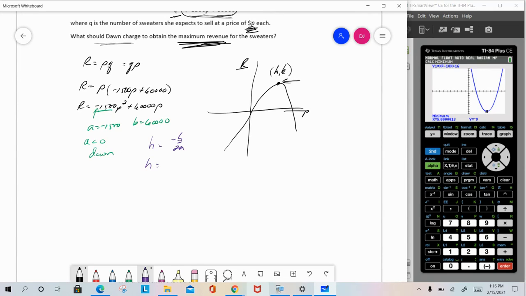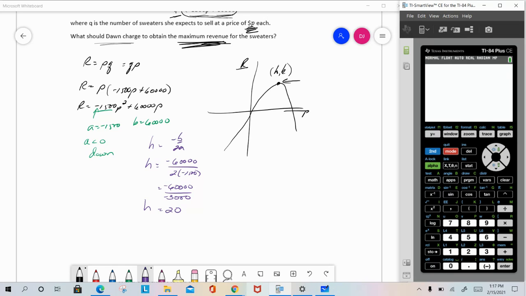So her h is going to be negative 60,000 divided by 2 times negative 1,500. So that's negative 60,000 divided by negative 3,000, which is 20, right?